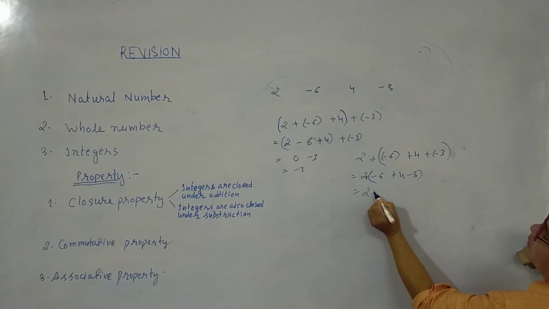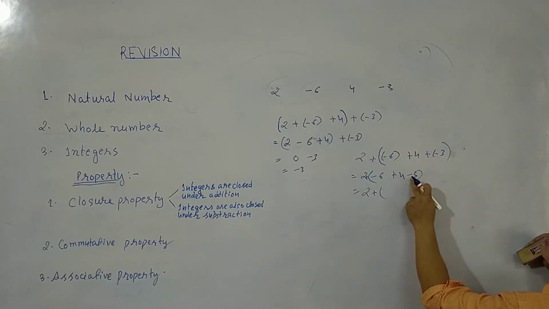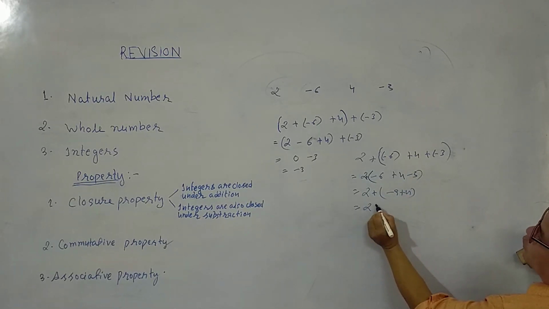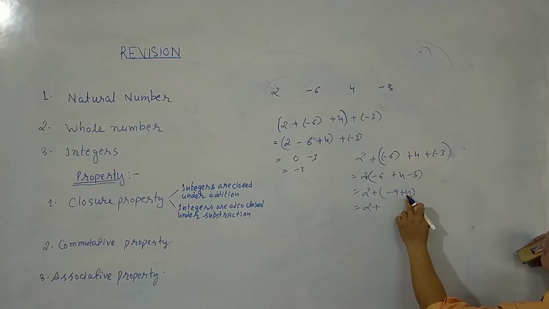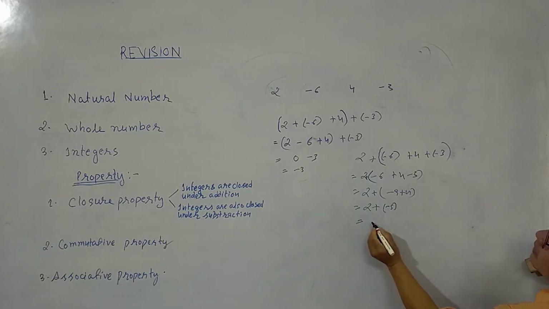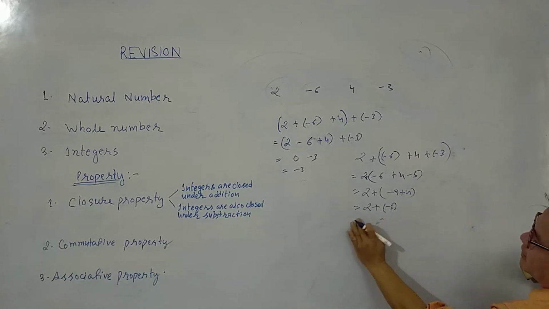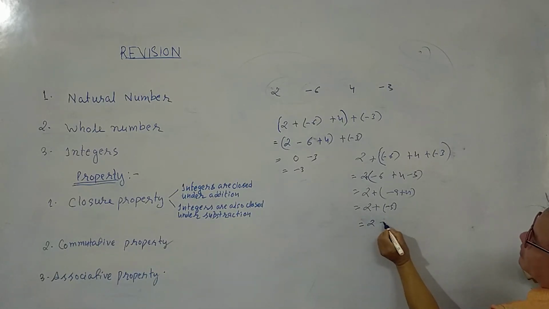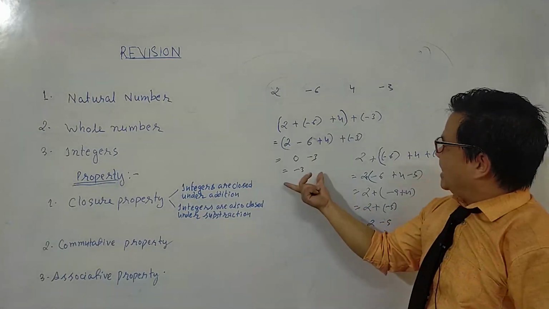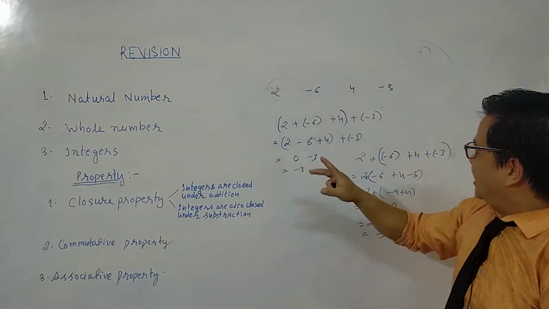Then 2 plus bracket 6 minus 3, negative total, minus 9 plus 4, then 2 plus minus 4, minus 9 minus 4, minus 5. Then how much will you get? Minus 3. Here 2 plus minus 5, how much will you get? Minus 3.